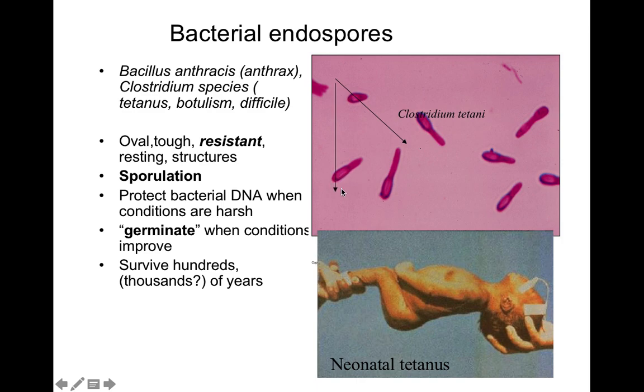And again, those endospores can remain infectious for many, many years. When environmental conditions get better, then just like a little seed, the endospore will undergo a process called germination, in which the endospore breaks open and releases a brand new metabolically active bacterium.